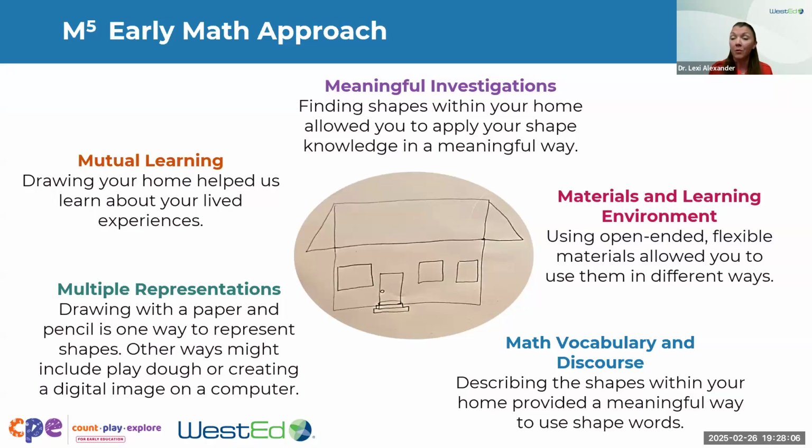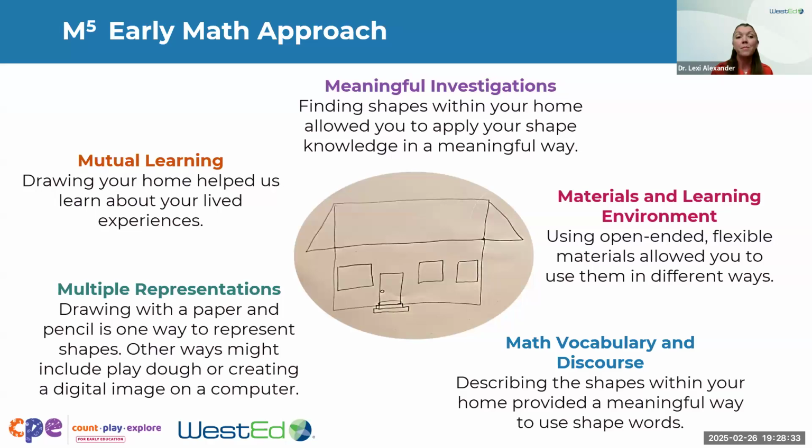Math, vocabulary, and discourse. So as you all were describing through the chat the different shapes that you found and where those might be in your homes, you were using shape vocabulary. And again, you were doing so in a context that was meaningful to you uniquely. And then finally, we can consider multiple representations. Here we were drawing with a paper and pencil or maybe a pen, and that's one way that we can represent shapes.